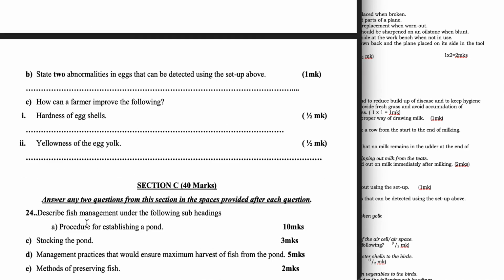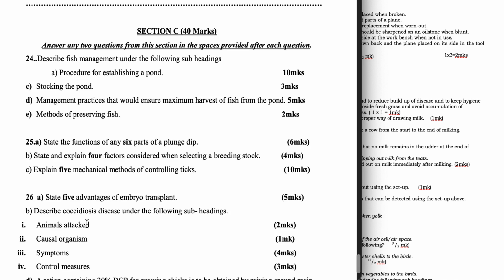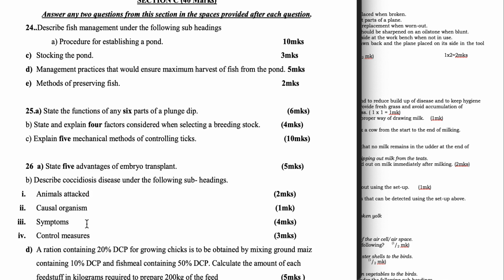Section C, answer any 2 questions from the section in the spaces provided after each question. Describe fish management under the following subheadings. Procedure for establishing a pond.